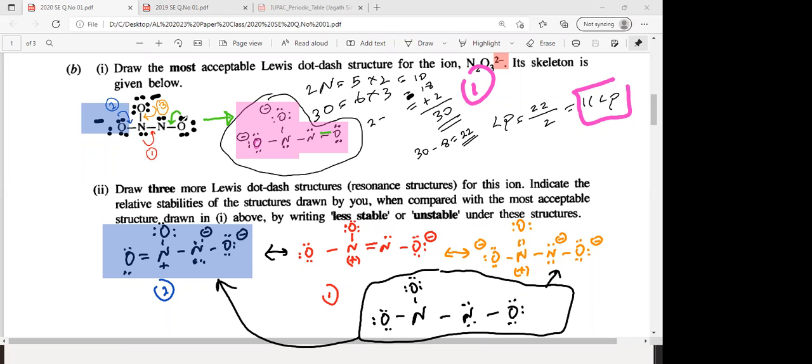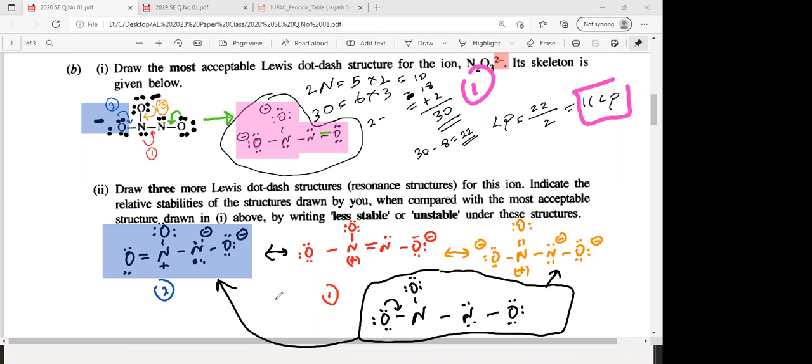Like that's what I did in part one. Right. So in case of this one, if you distribute both the lone pairs on that nitrogen, then you can shift the lone pair from this side to make it octet. That's what has happened here. This side you will shift the lone pair from this side to make it octet.